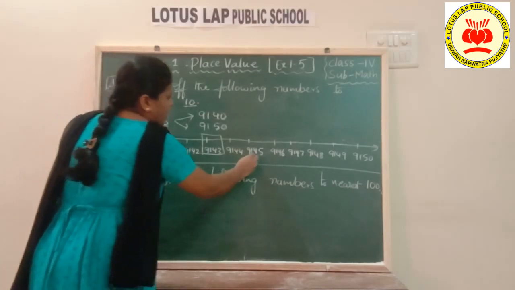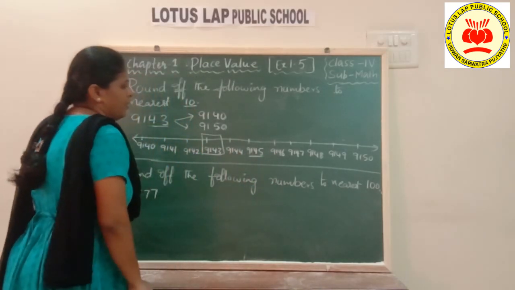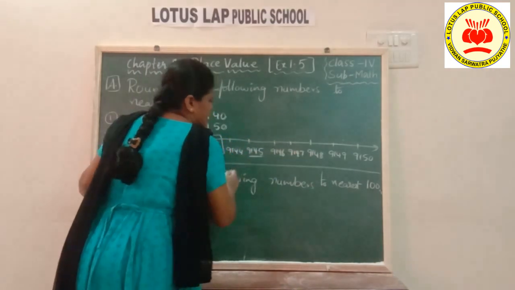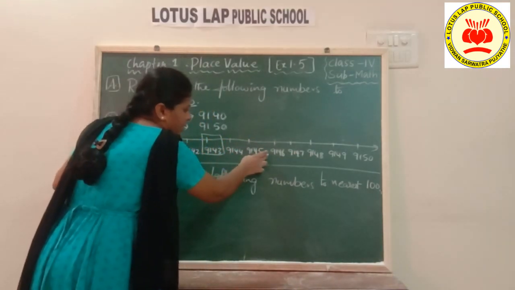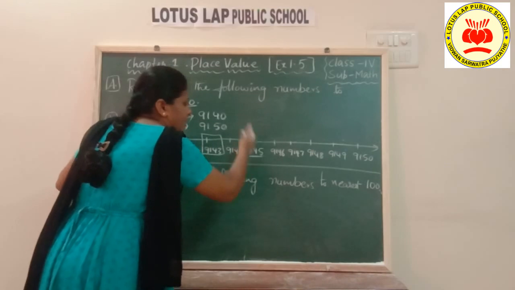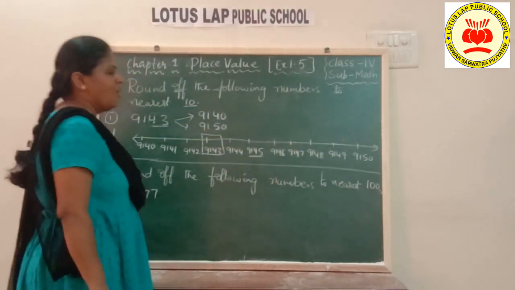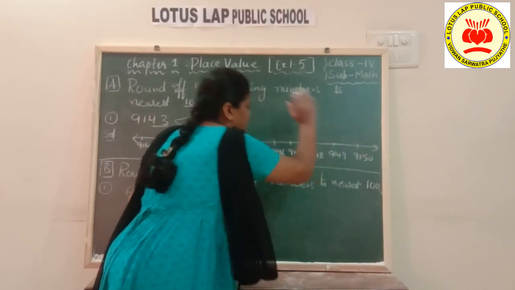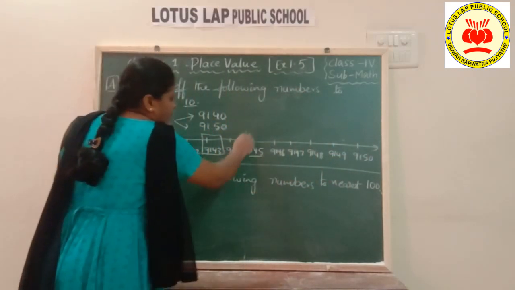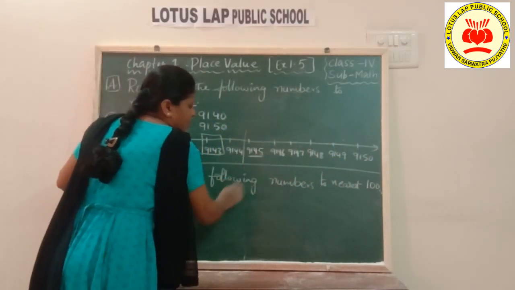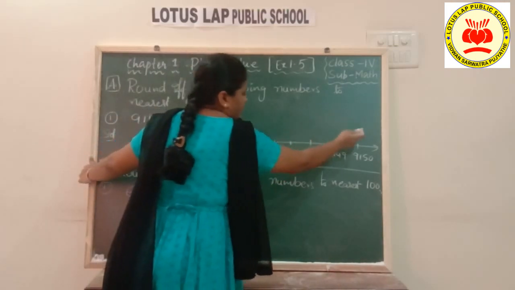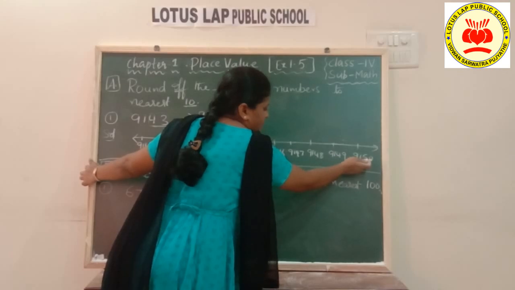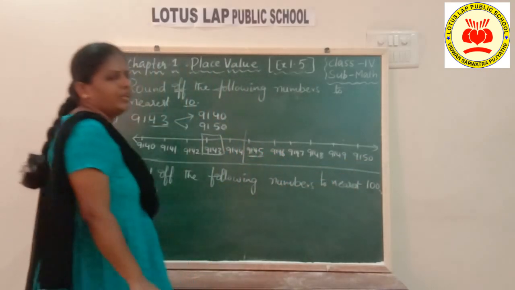Now you can see from the middle number onwards are all the higher numbers. That is from 9145, and the numbers above that are always rounded off to this extreme, the right extreme, children. So numbers starting from 9145 and greater are rounded off to the right extreme, that is 9150.